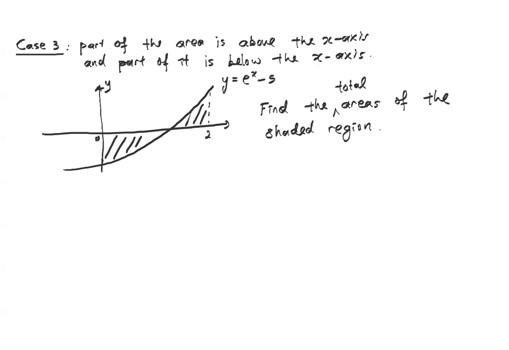So in this case, if part of it is above the x-axis and part of it is below the x-axis, you find the area of the exact shaded region, total area. What you need to do is find the critical point whereby it divides the area into below and above the x-axis. So you have to find what is the value of x for this one. Can you please do so?